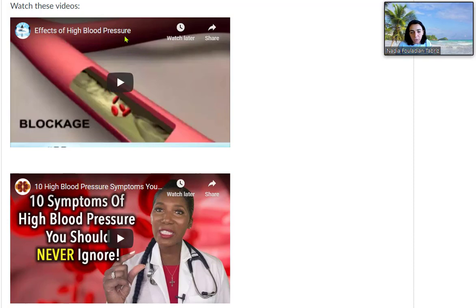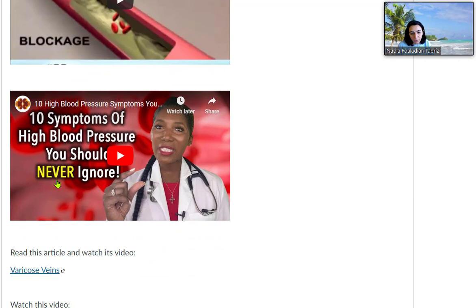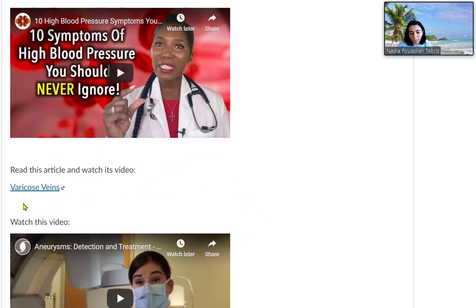So here is talking about high blood pressure, and here is talking about the symptoms of high blood pressure. And this one is talking about the varicose vein. For example, some people, usually due to the type of job or the lifestyle that they have, because as we talked about in the chapter, the vein doesn't have a pump like a heart that pushes the blood actively.